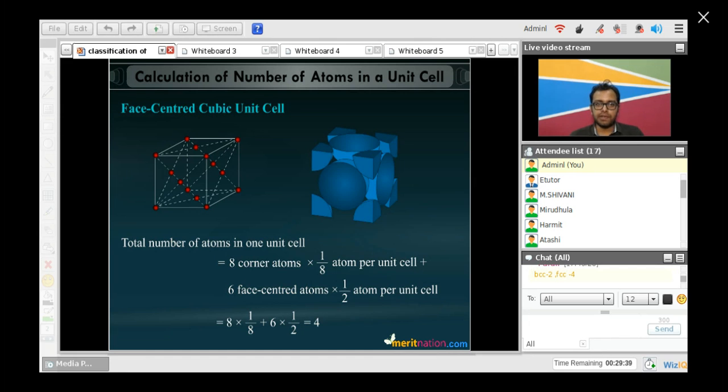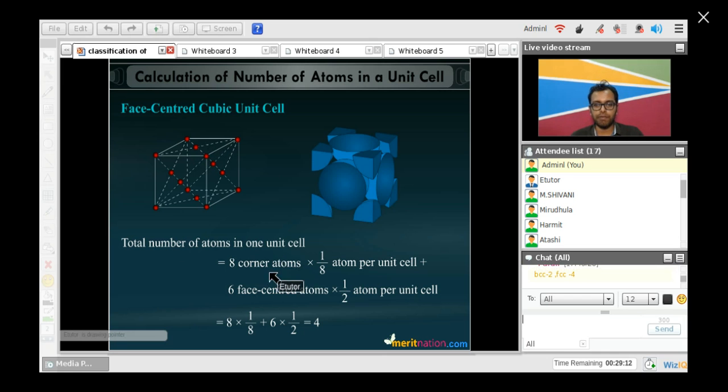Now, in the case of the face-centered cubic unit cell, the total number of atoms will be equal to, so there are 8 atoms present at the corner, and there are 6 atoms present on the 6 faces, right? The number of atoms contributed by atoms at the corner will be equal to 8 multiplied by 1/8.